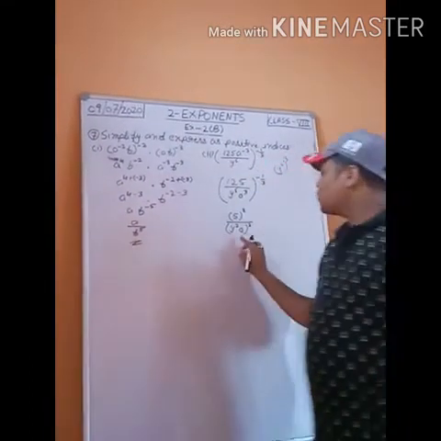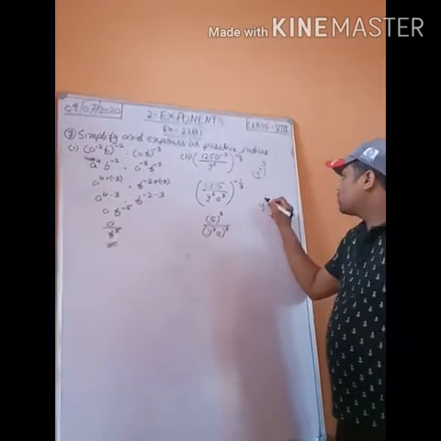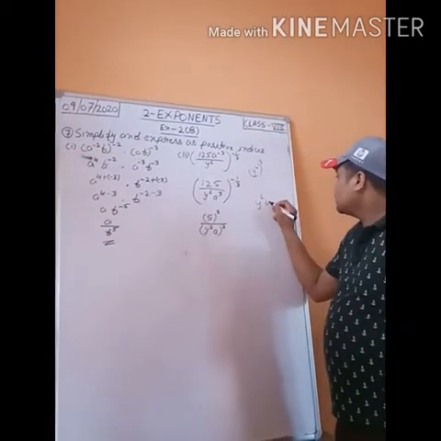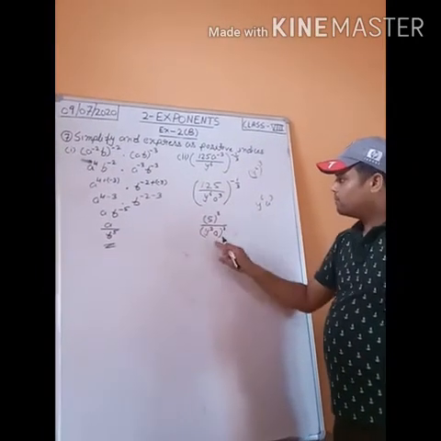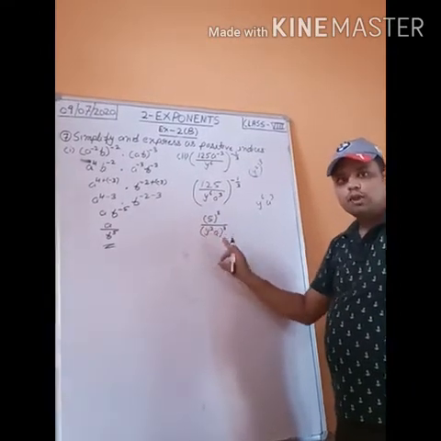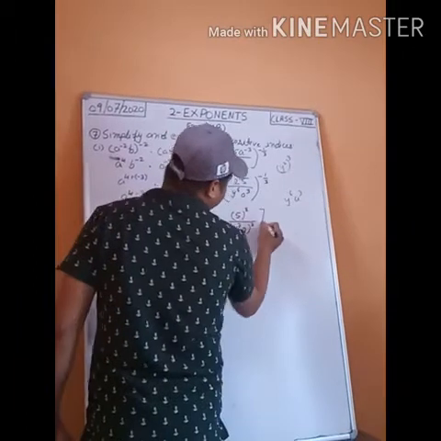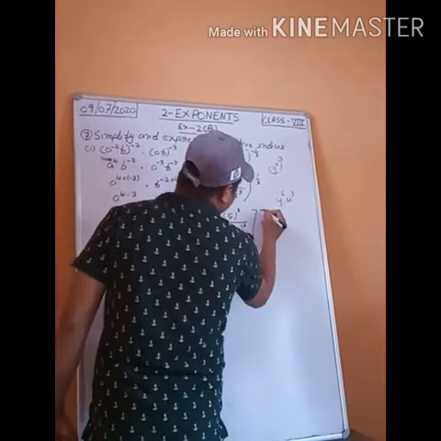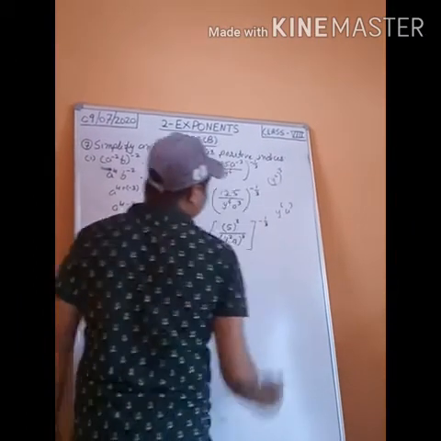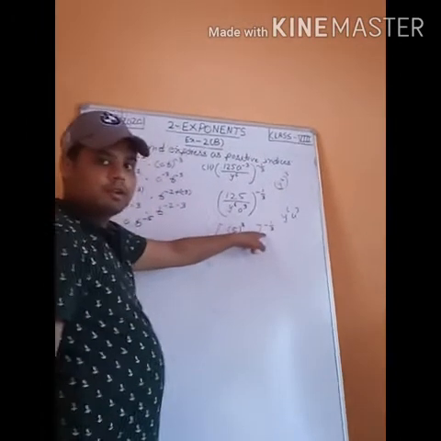When we open this we get 5 raised to the power 3, y raised to the power 6, a raised to the power 3. It is the same. Then its whole power minus 1 upon 3.